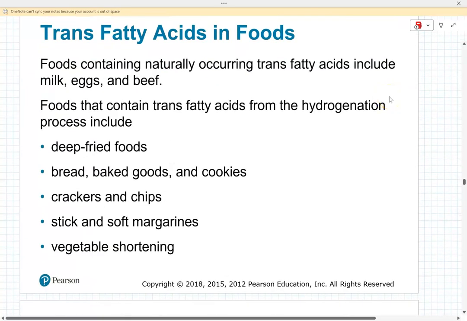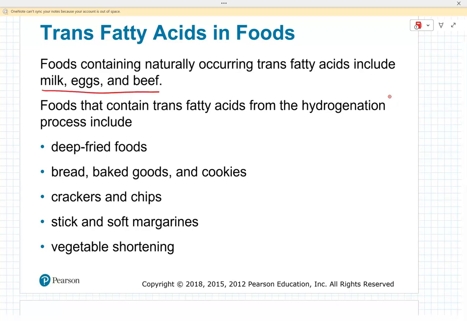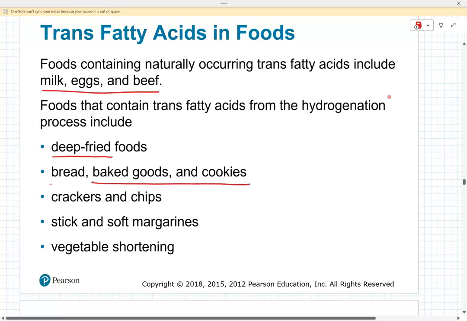So let's go through the list that we have for the foods that contain trans fats. Milk, eggs, and beef. Not really. Small percentage. Saturated, yes. Trans fats, not quite. Deep fried. Yes. Some of them do. Baked goods, like cookies, are not baked, are they grilled?